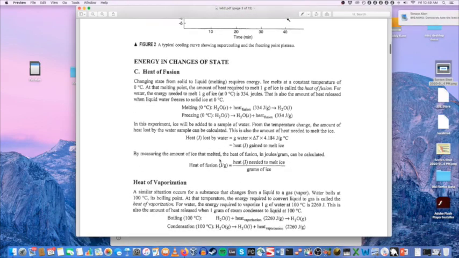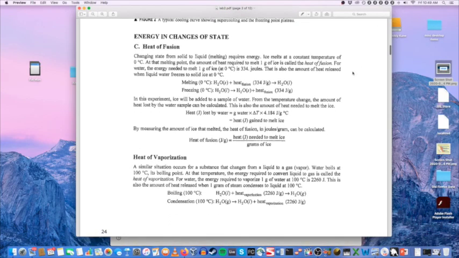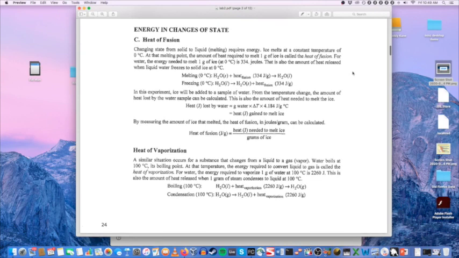And then in part C, we're going to look at heat of fusion, which is the amount of heat it takes to melt a solid. So ice melts at 0 degrees Celsius, and the heat of fusion of ice at that temperature is the amount of heat that's required to melt 1 gram of it.